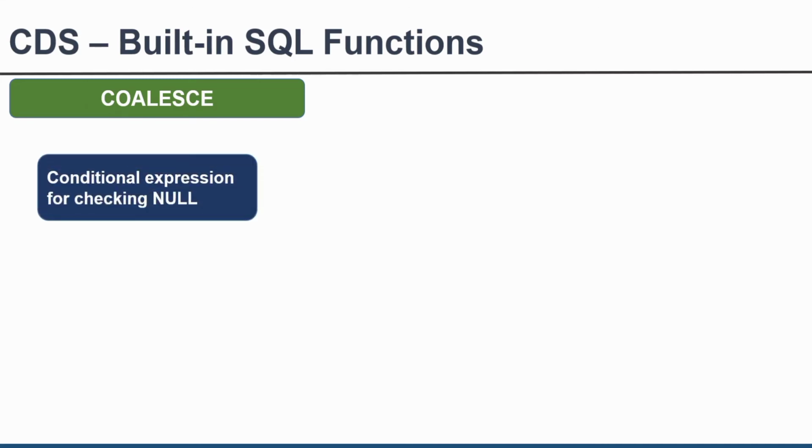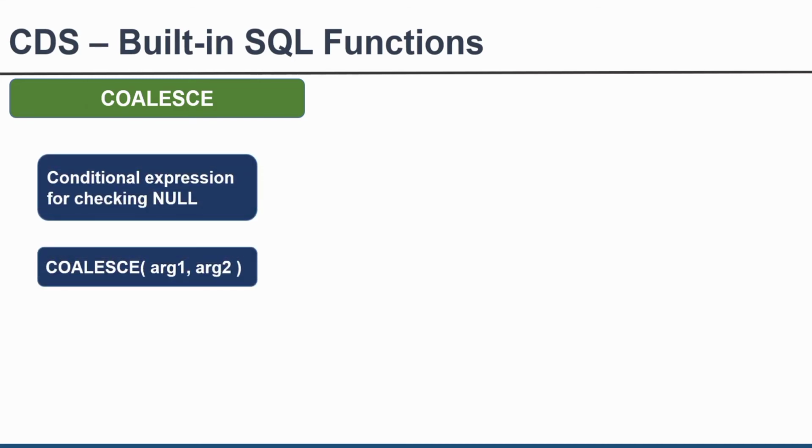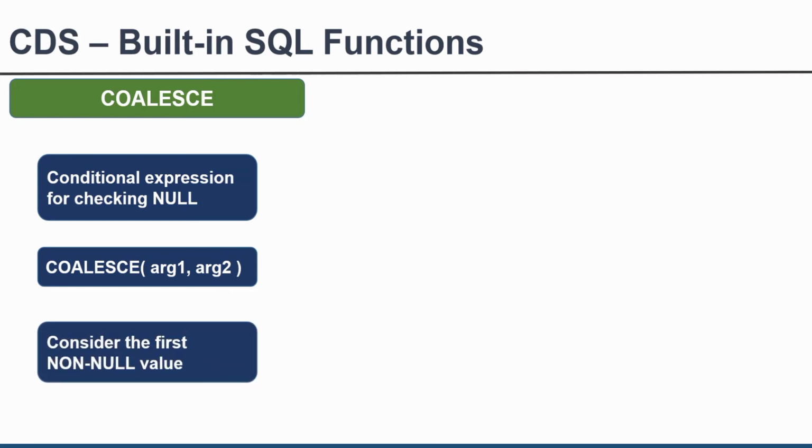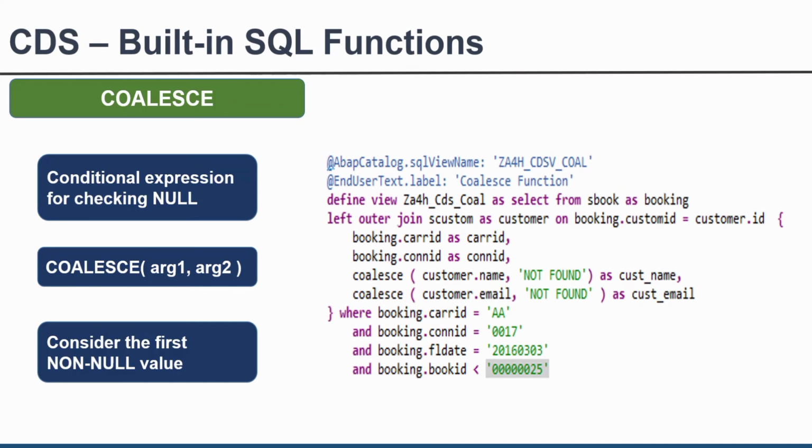Coalesce. It's a conditional expression for checking null values. It takes two parameters and considers the first non-null value. So out of the two parameters, it returns the first non-null value. An example, a CDS view using the coalesce statement.